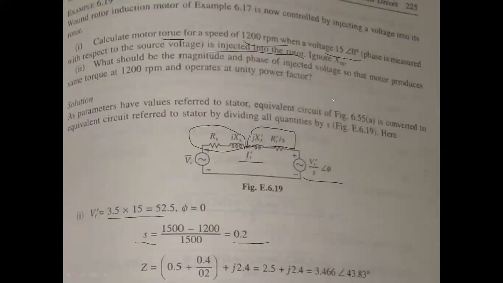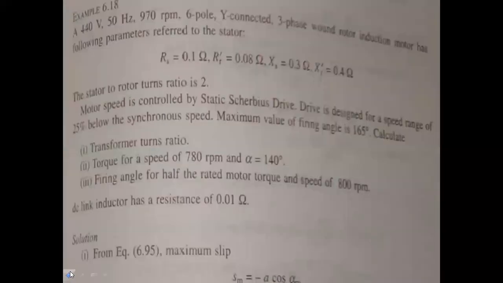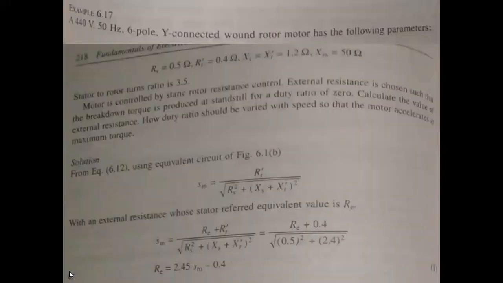See here, Z, the total impedance, is equal to 0.5 plus, see here, these are the given values: RS is 0.5, RR dash is 0.4, and XR is 1.2.